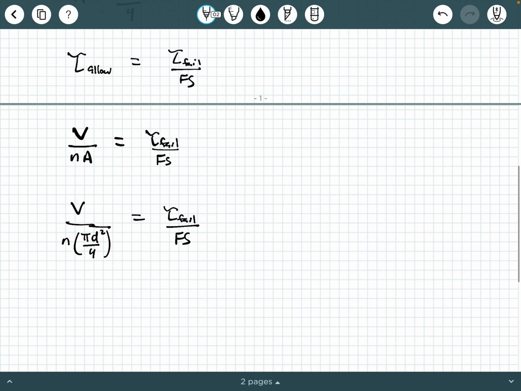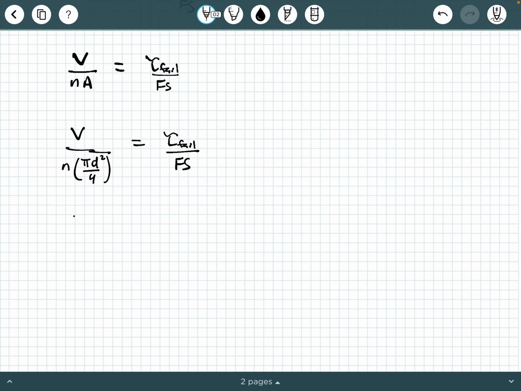Now what am I left to do? Well, all I've got to do is solve for N right here, and I have all the other inputs that I need. So doing some algebra and rearranging, you should end up getting N equals 4V times the factor of safety divided by pi d squared times tau fail.